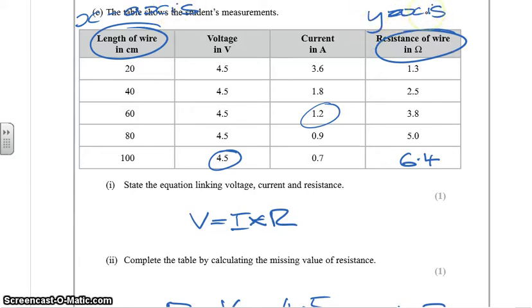Then we need to make sure that we're getting a sensible scale. This goes up to 100, so we might be looking at 10 big squares for that one, and this one goes up to about 6.5 or 7, so we might be looking at 13 or 14 big squares for that one. Let's have a look at the graph paper, and we're going to try and maximize it on the graph paper.